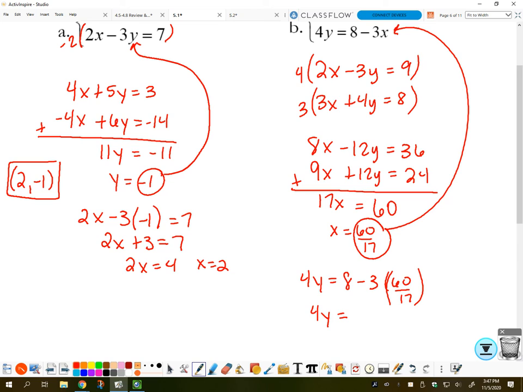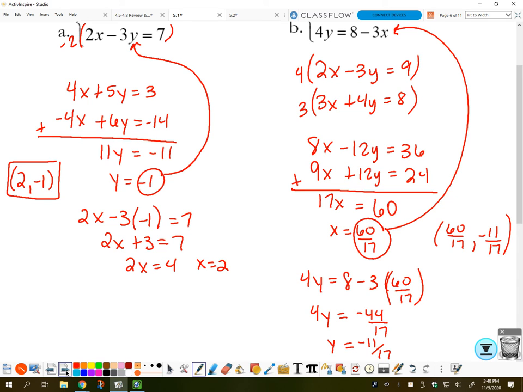So I'm going to do 8 minus 3 parentheses 60 divided by 17. Then math, enter, and I get -44/17. Then we're going to divide by 4, and it tells me that the answer is -11/17. So my answer is (60/17, -11/17).